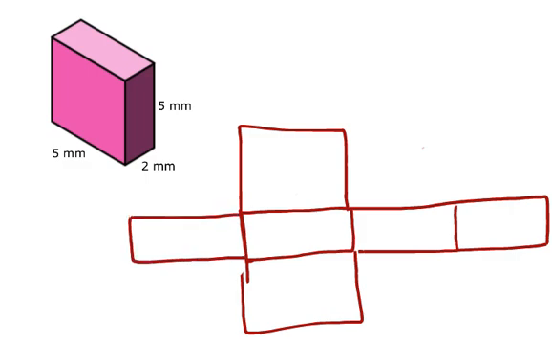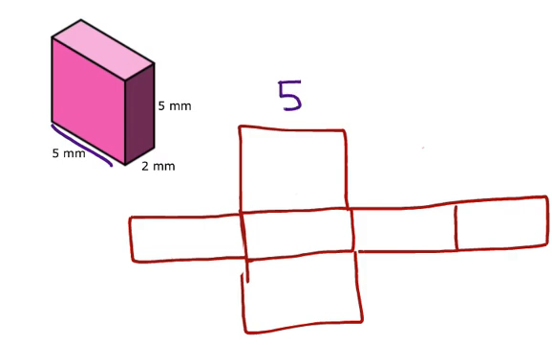Okay, so now we're going to find the area of all of these rectangles and then add them all together. So first I like to actually label the numbers of each of these so that you know how to find the area of each one. So looking over at my original figure, I know that the base of that rectangle is 5.